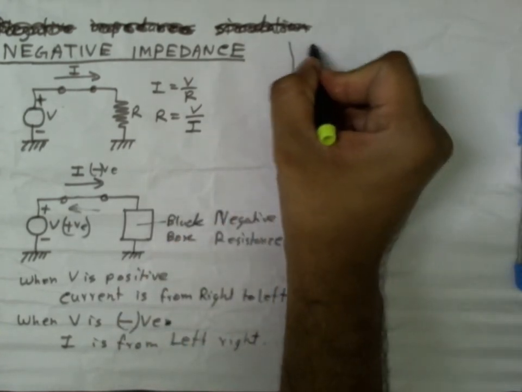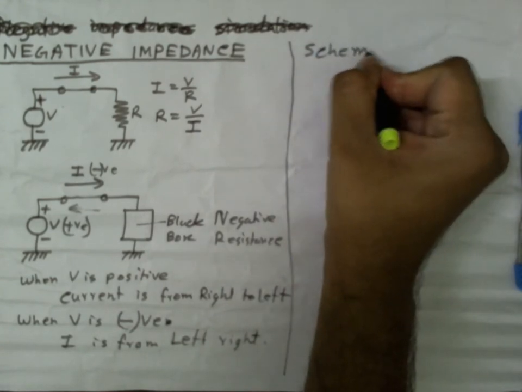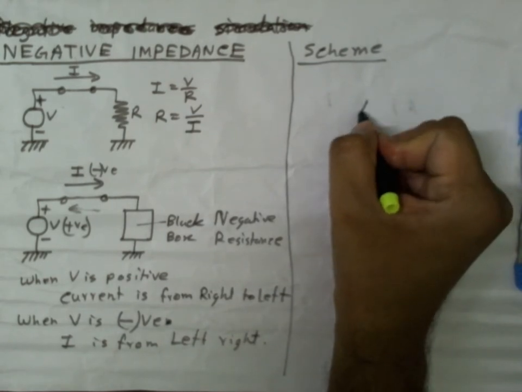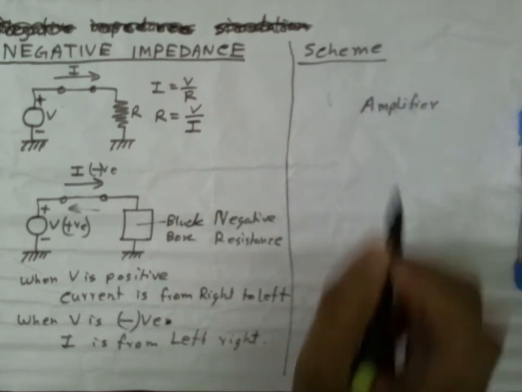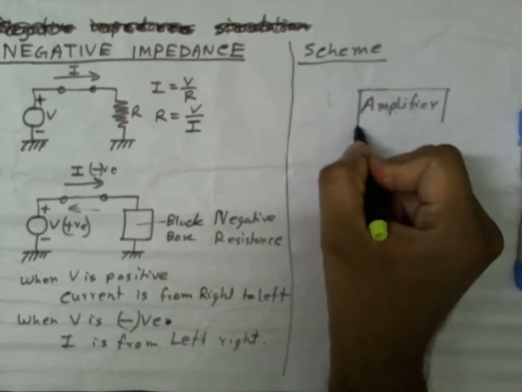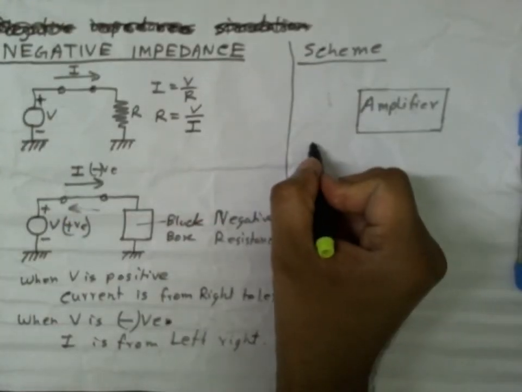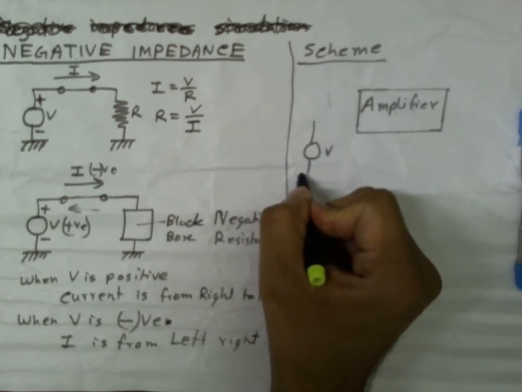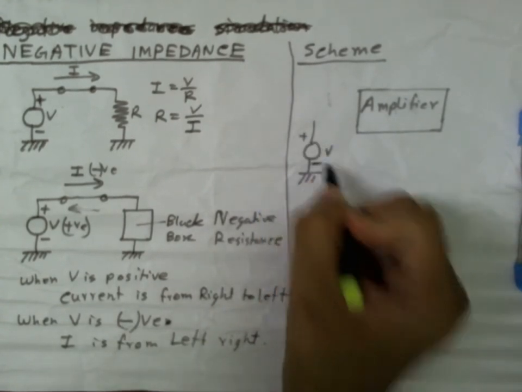And the scheme that I'm going to use is as follows. I will have an amplifier. Then suppose here is the input voltage source V with two terminals, plus and minus.